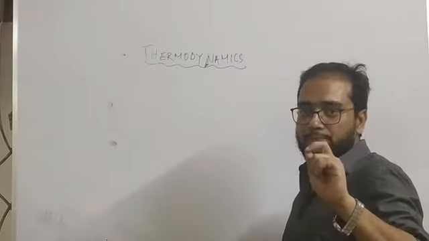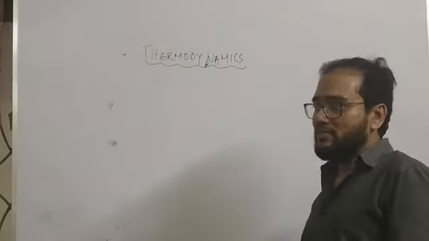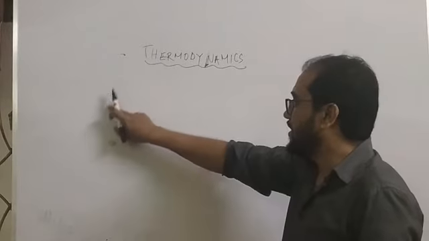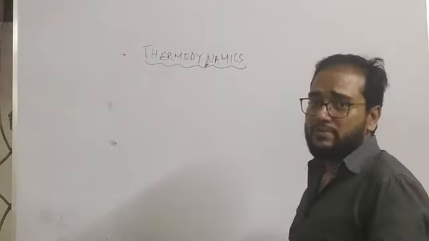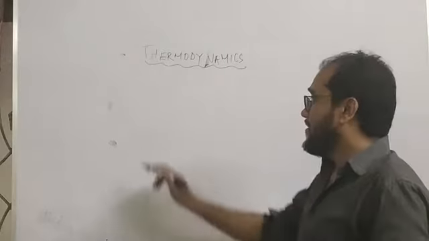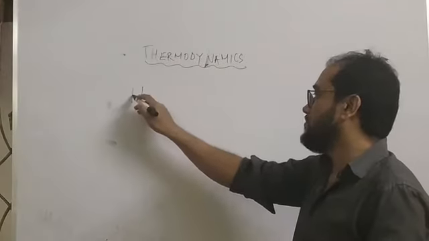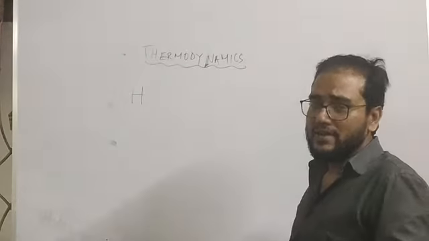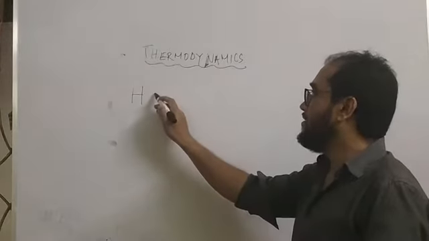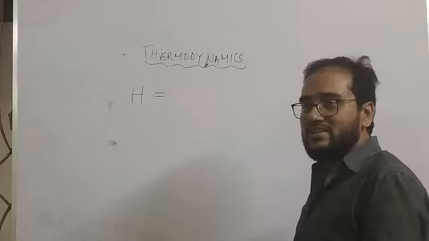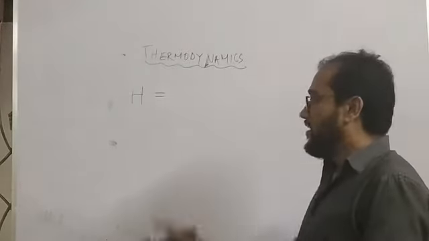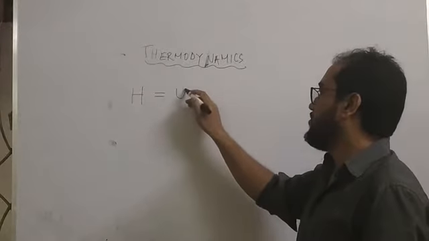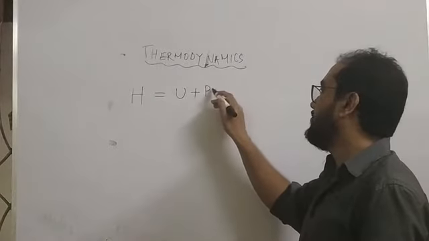Now, look, we are coming to a point very often, and I am sure that you people have known it. Enthalpy is represented by H, and one fine morning you will be told that H is nothing but enthalpy, and it is H equals U plus PV.